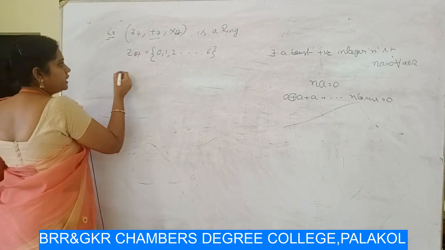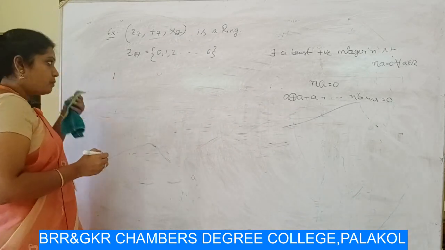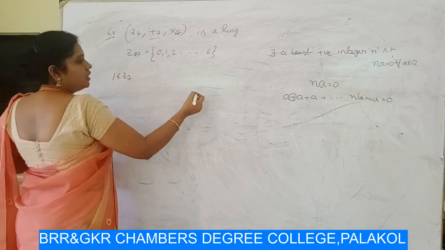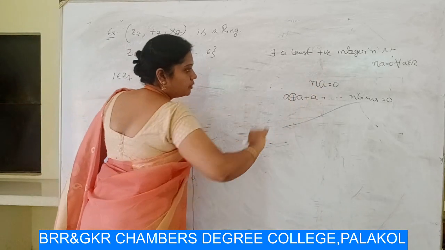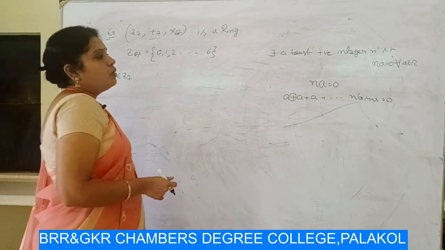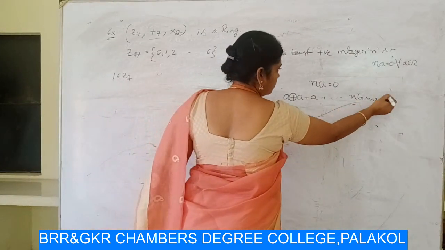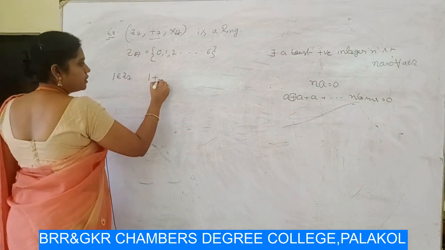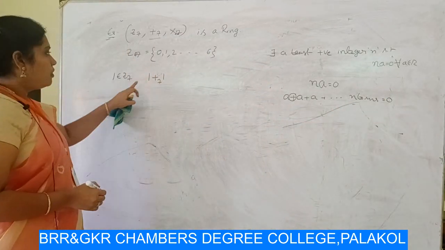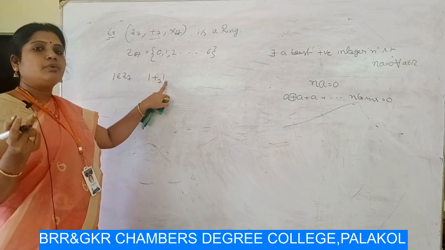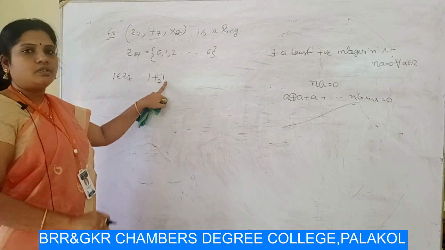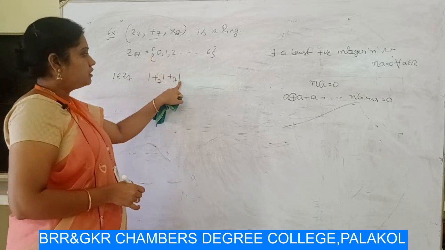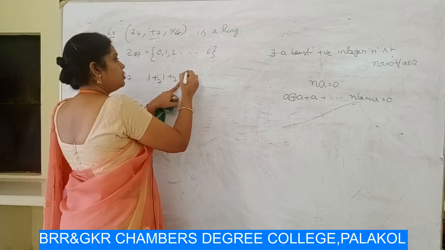So if we take 1, which belongs to Z7, we add the same element n times to see at which point we get 0. We take 1 plus 1, which is 2. 2 divided by 7 gives remainder 2, not 0. Again we add 1: 3, remainder 3, not 0.